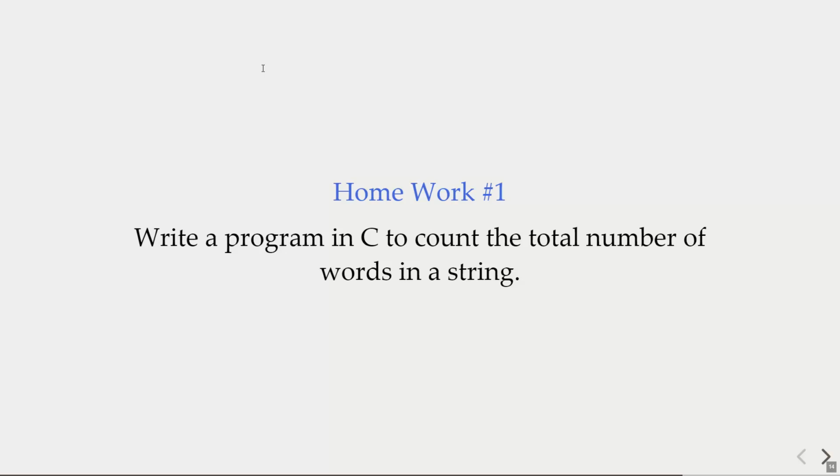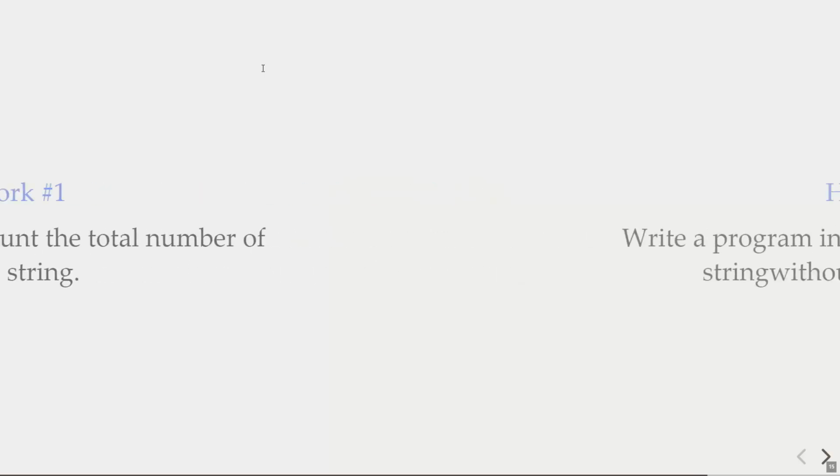If there is a space, that means the word has ended, so your count should increment by 1. That means there is one word. Finally, your output should be the count plus 1, because the last word will have no space at the end, right? So that is the logic behind this.